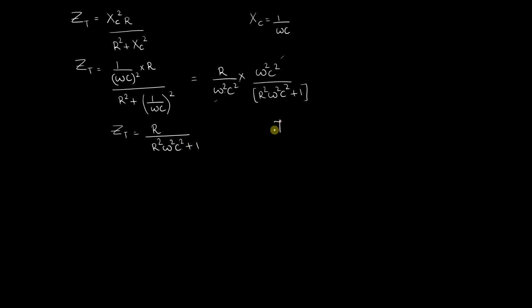From equation star, you have omega square R square LC square equal to R square C minus L, or I can write this as omega square R square C square equal to R square C minus L divided by L. So you can see we have this particular term here.